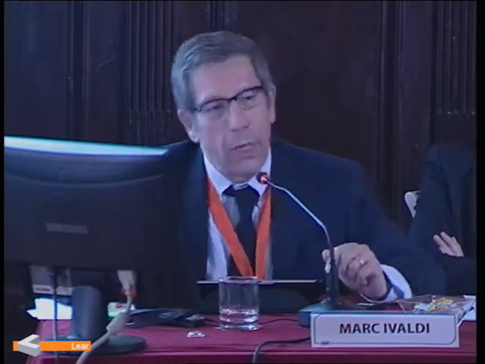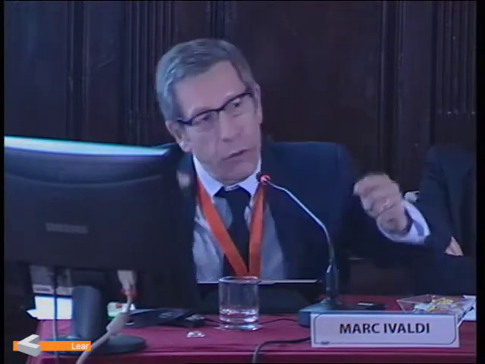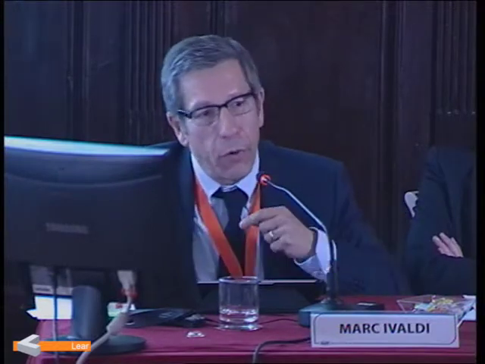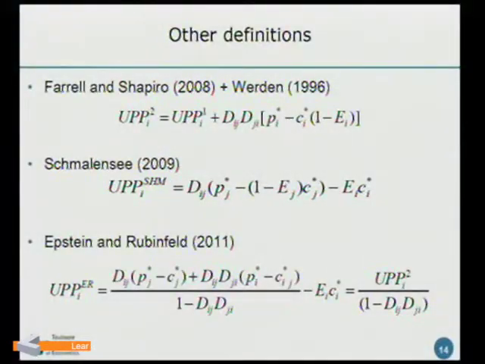Schmalensee also has another formula to take into account not only the efficiency from firm I, but also the efficiency obtained when they merge with firm J. And Epstein and Rubinfeld have another formula which is closer to the computation that is implicitly done in the merger simulation.